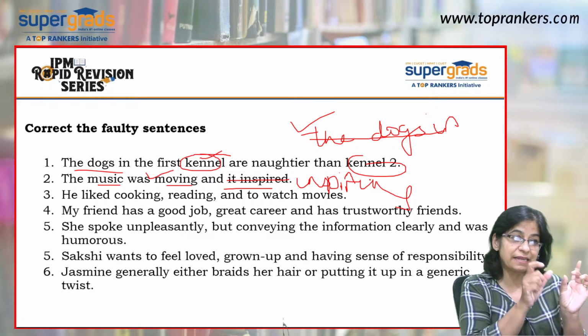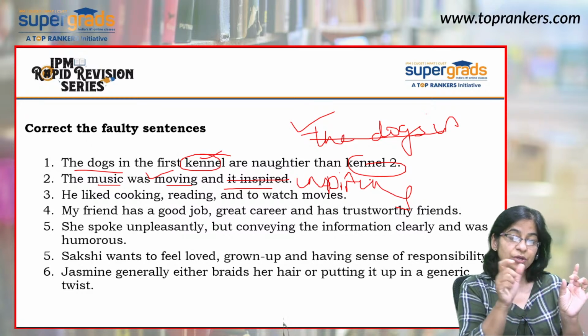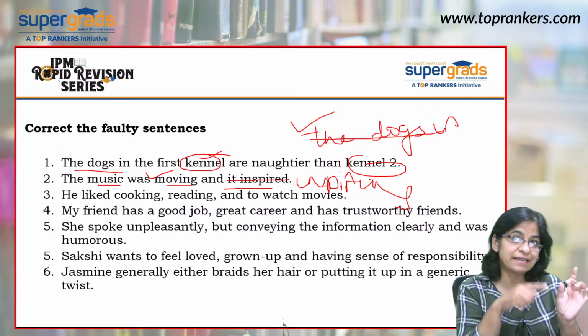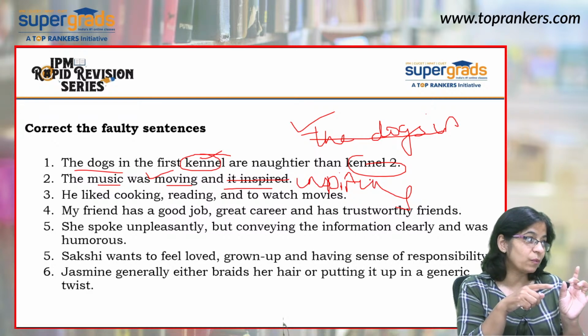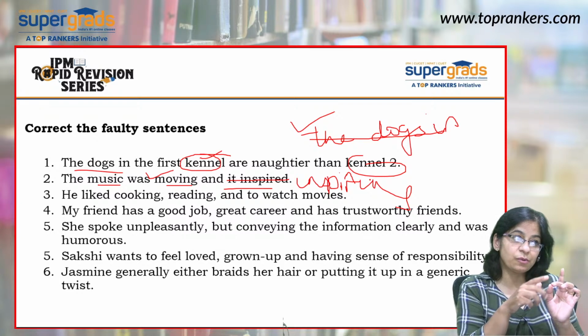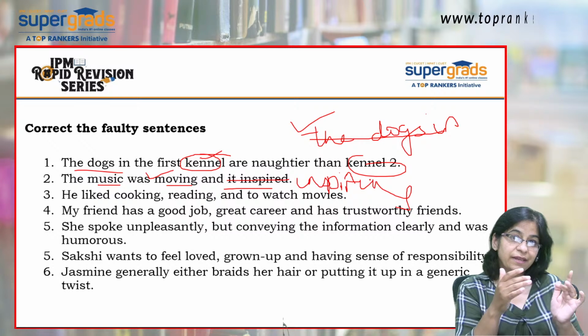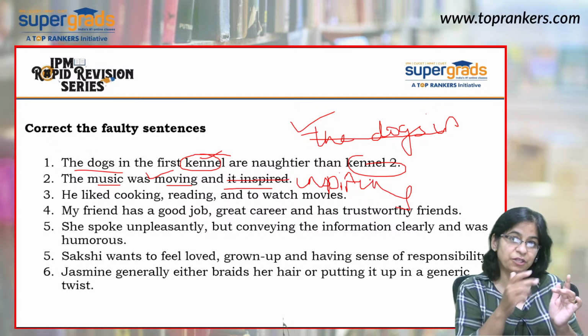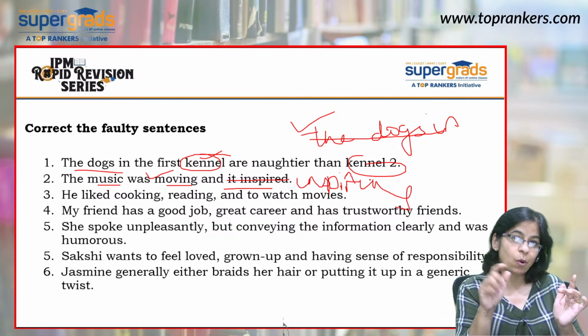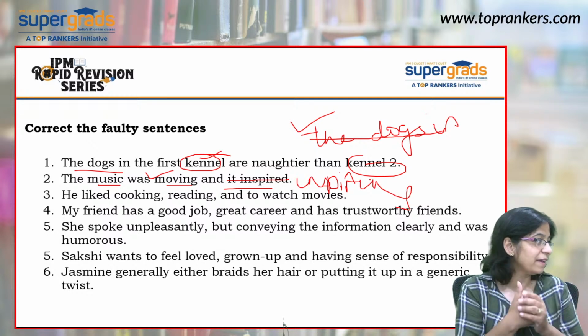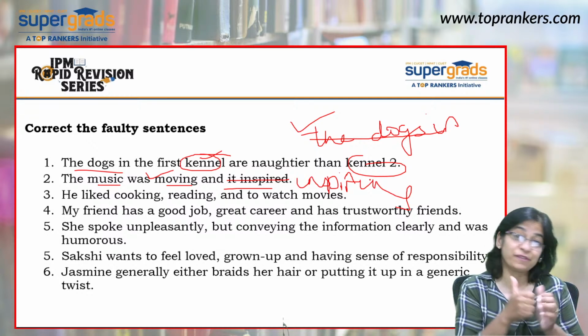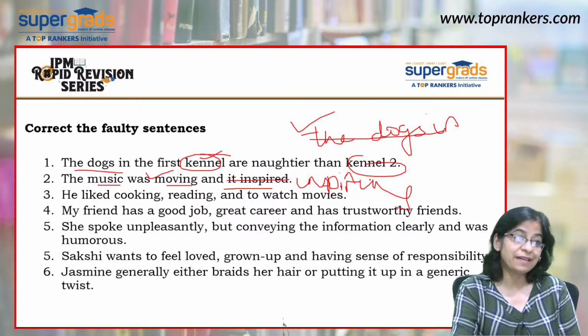Now, these three, cooking, reading, and to watch movies, are the three activities that he likes to do. If the first two are cooking, that is an ing form, a gerund, and reading, another gerund, should it be to watch movies, an infinitive, or should it be, okay, he liked cooking, reading, and watching movies? Fantastic, Happiness Dreamer. So that's how it should be.